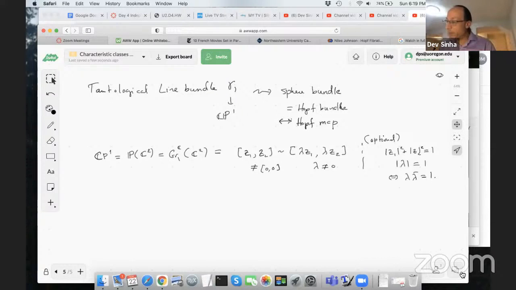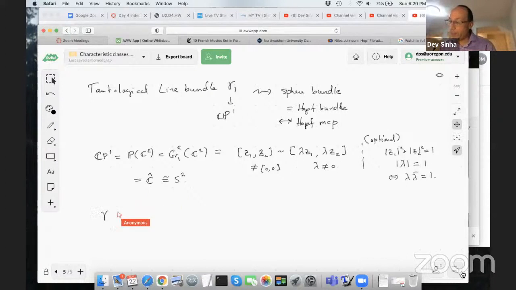This is also called C hat, and it's homeomorphic to S2. So a good old friend S2, but thinking about this in this particular complex way, using the complex numbers.